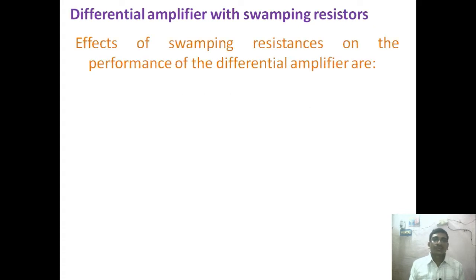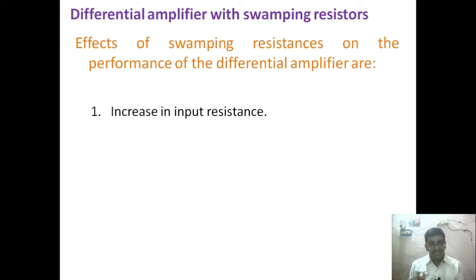Okay, so the effects of swamping resistances on the performance of the differential amplifier are, first, it increases the input resistance. As we add the swamping resistors to our circuit, it increases the input resistance of our circuit. So what is the use of having more input resistance?